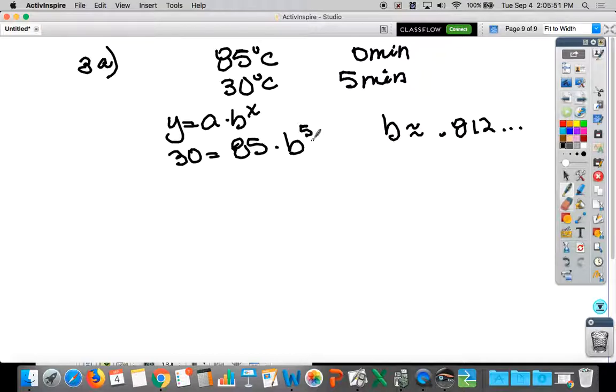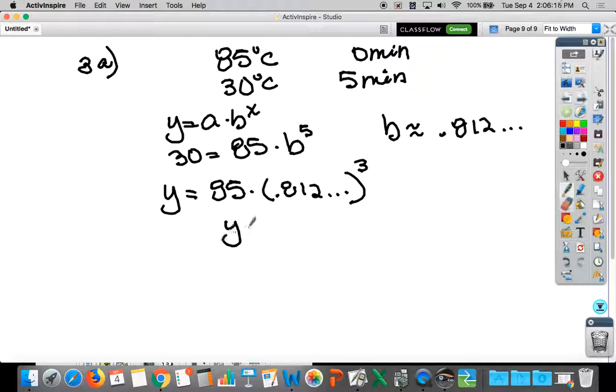So it wants to know what is the temperature after 3 minutes. So this is my temperature. I still have the same initial value. I still have the growth factor. This time my x is 3.